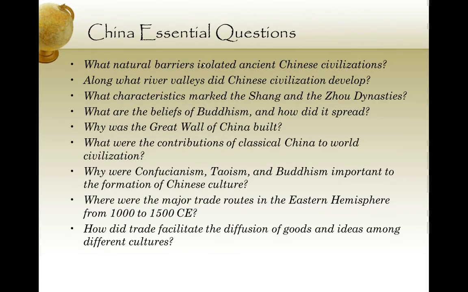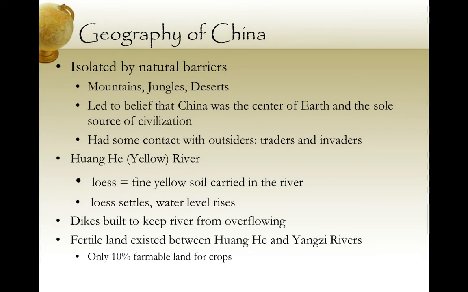So looking at China now, moving eastward, we're going to take a look at the natural barriers. We're going to look at the early dynasties, again, mention Buddhism, look at major achievements, things like the construction of the Great Wall, and also the philosophies that develop and the role that they end up playing in trade networks.